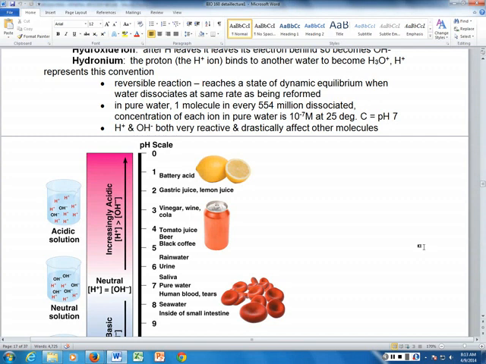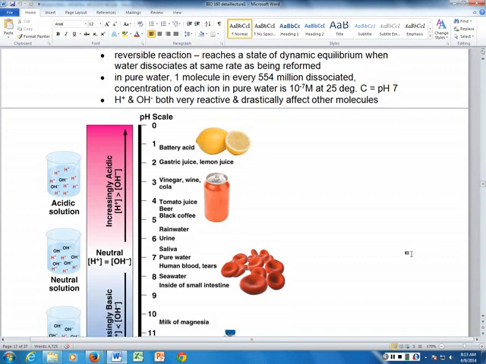So the way we determine the pH is you can actually mathematically calculate it. In pure water, you have one molecule in every 554 million of them that is dissociated. So if this is your substance, 1 in every 554 million of those has come apart to make these two things. It's not very much of it in there.